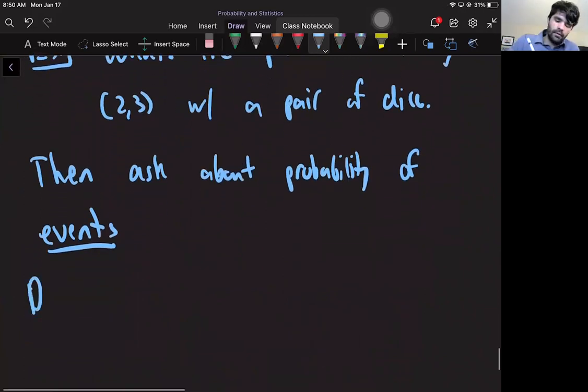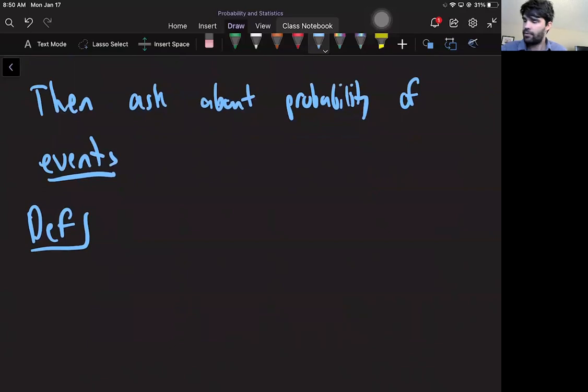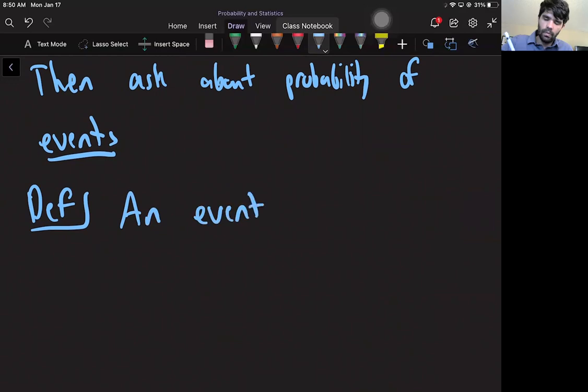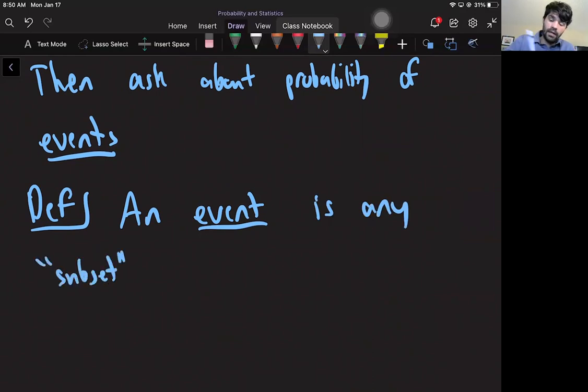So let's define it. So often in this class, I'm going to write definitions in this way. I'm going to write the word def, and then just write the definition after that, because I don't want to write the whole word definition every time. It takes too long. Okay, so what is an event in this class? It's any, I'll put this in quotes because we haven't said what it is yet, any subset of a sample space.